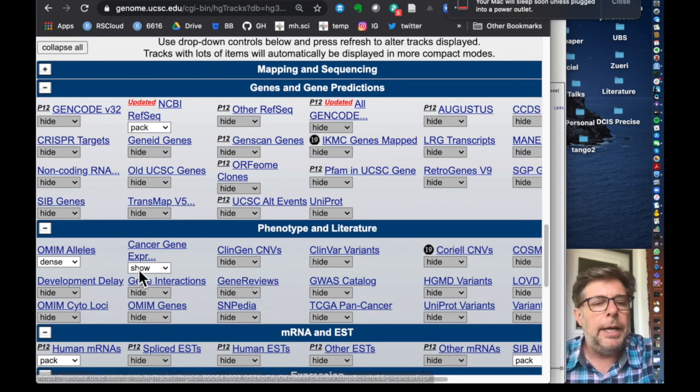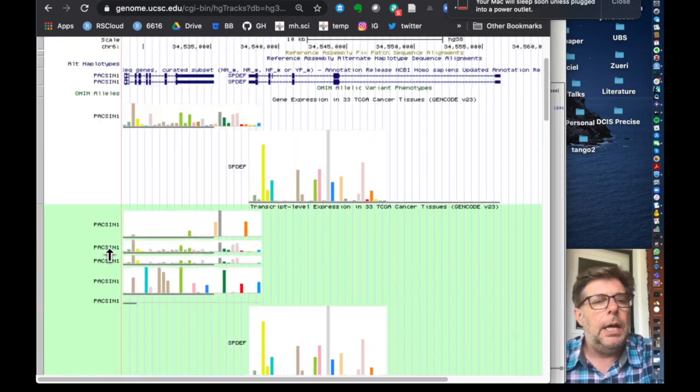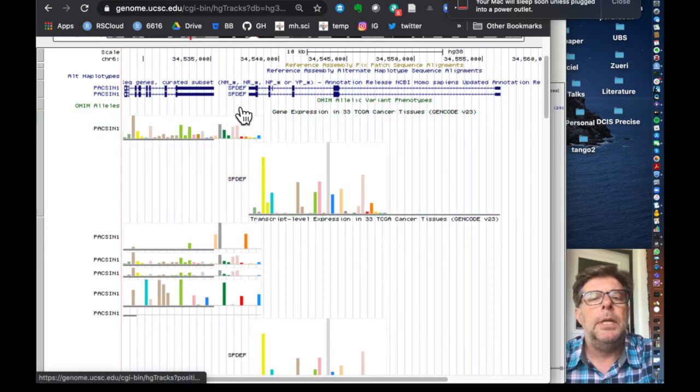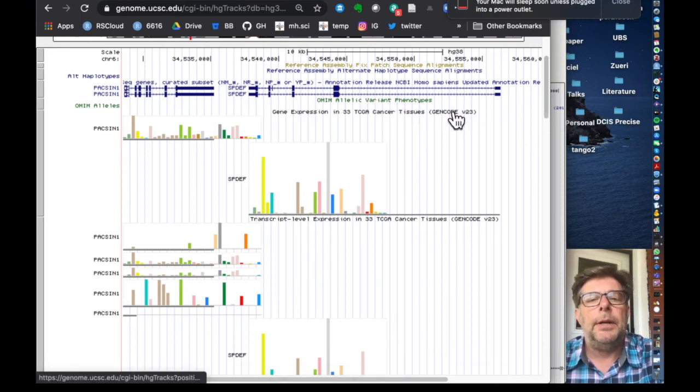So I actually have asked for the OMIM alleles and the cancer gene expression. These are two disease-related databases. So let me see if I can show you those up here. I believe that these are the OMIM alleles. Basically, I think for SPDEF, there's nothing on record, so it's kind of boring for the OMIM.